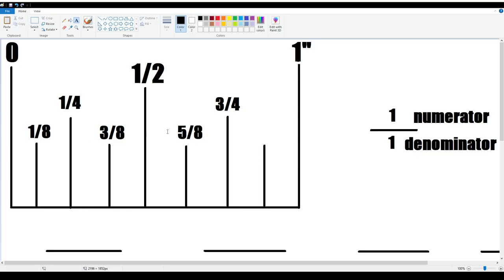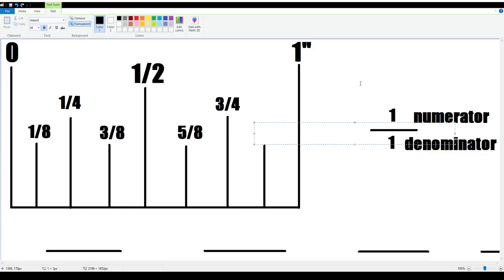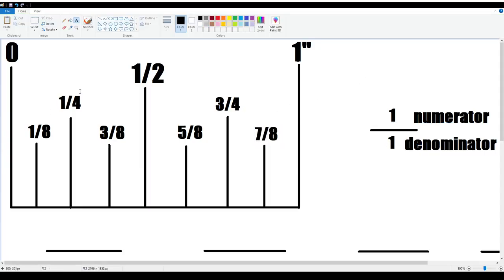And then 1, 3, 5, 7. 7/8. Odd numbers always at the beginning, or technically at the top, because that is our numerator. 1, 3, 5, 7. Could go to 9, but that's going to go beyond an inch, because 9/8 is higher than one whole number.